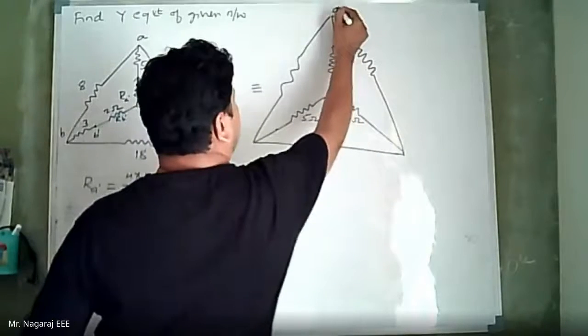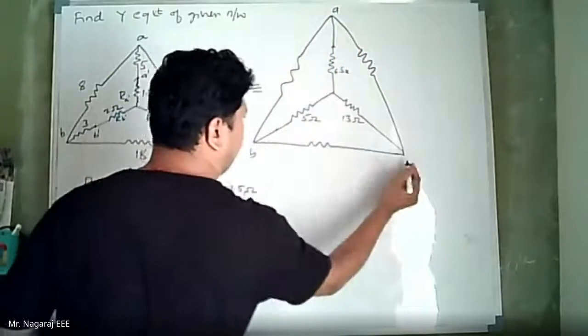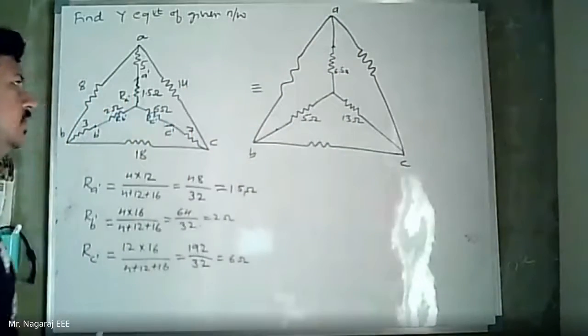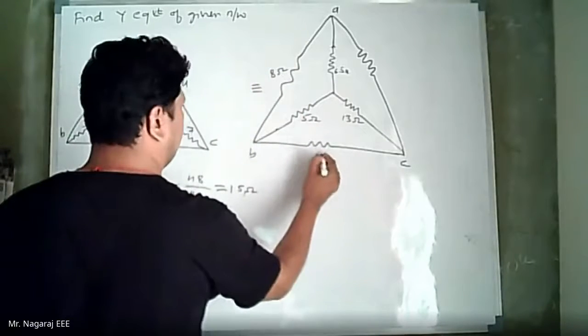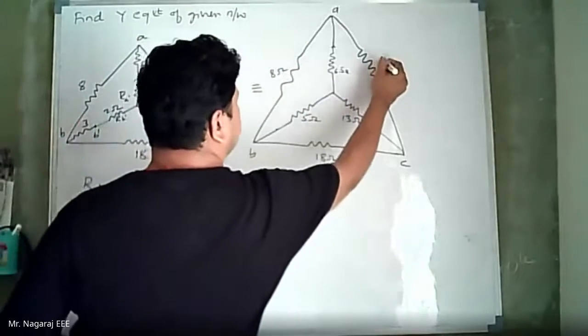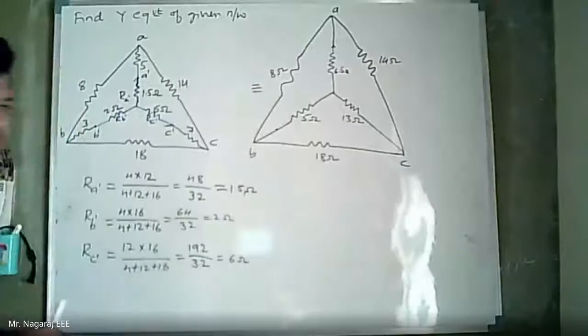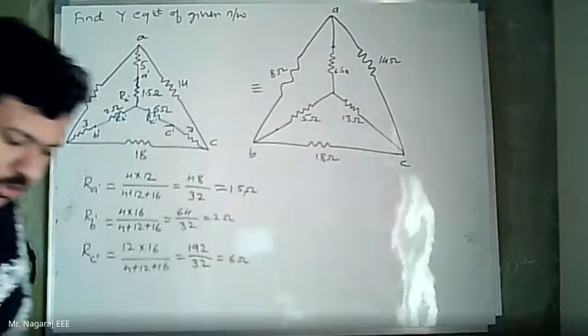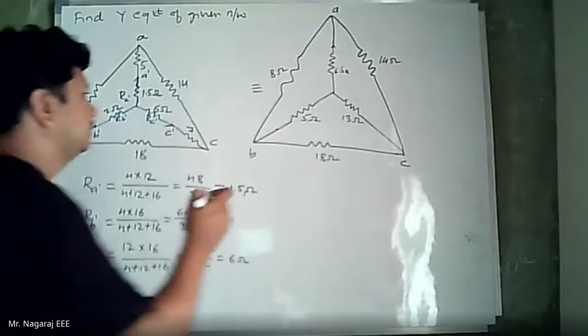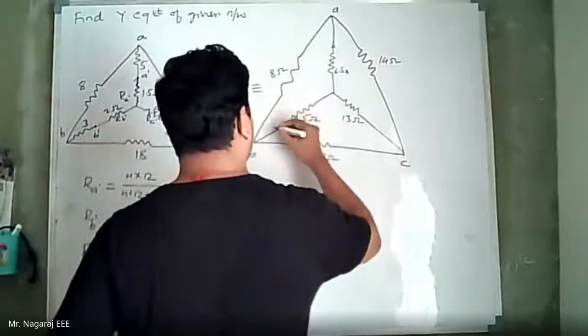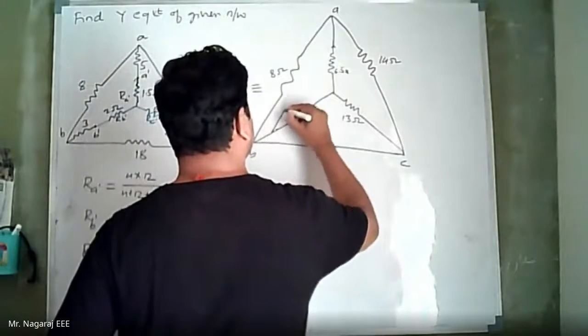So let this be A, B and C, with 8 ohms, 18 ohms and 14 ohms. Now I can convert the inner star connection into delta connection.